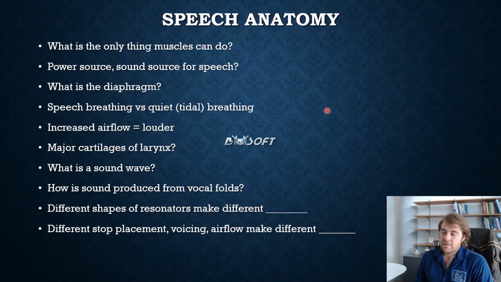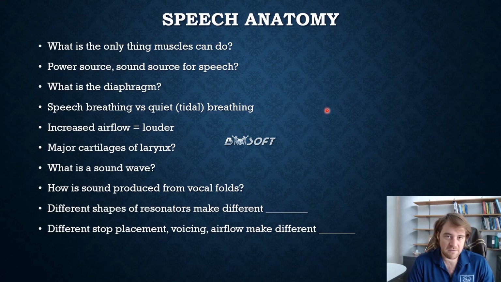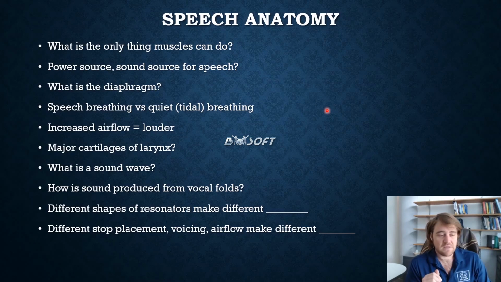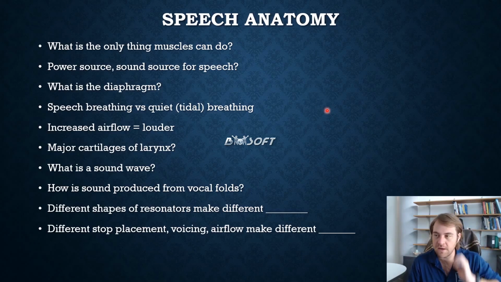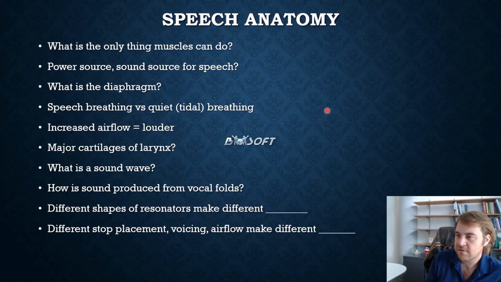So before we get to how a sound is made, a sound wave is also called a sound pressure wave. So if you think about, I'm going to clap, right? If you clap right in front of your face, you'll feel air rushing out, right? When you talk, you can feel air rushing out.